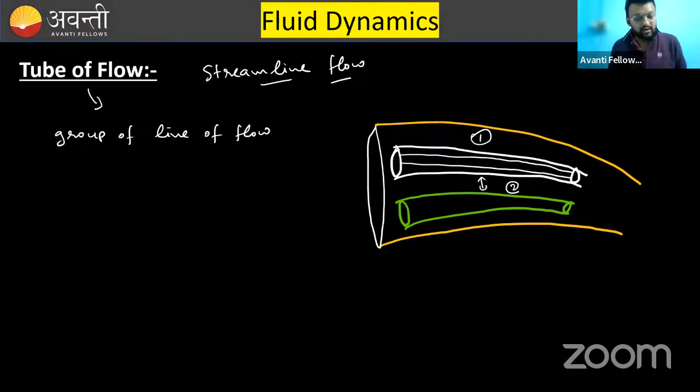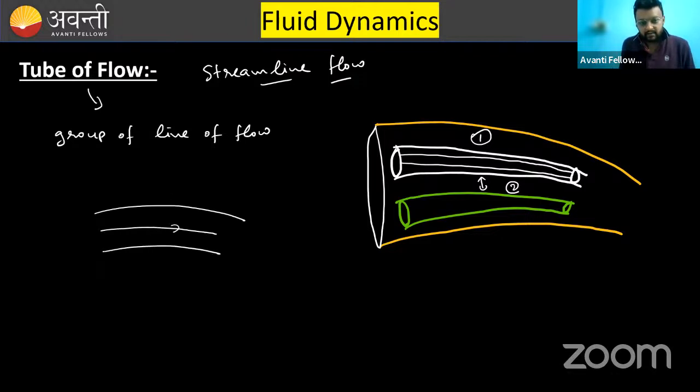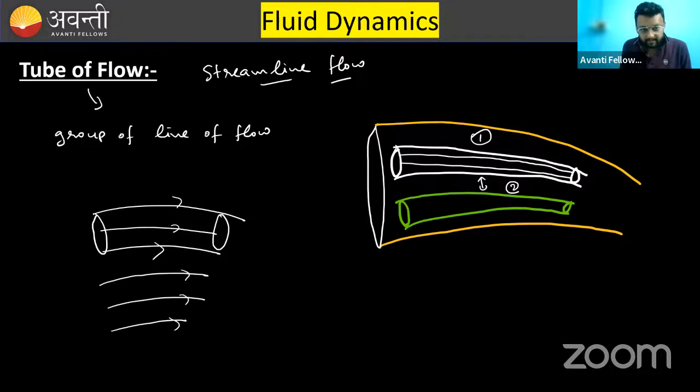Now, if I consider a group of lines like this is a line, this is a line, this is a line. This is a streamline flow, and this collection is known as a tube of flow. Consider nearby lines of flow; this is another tube of flow.